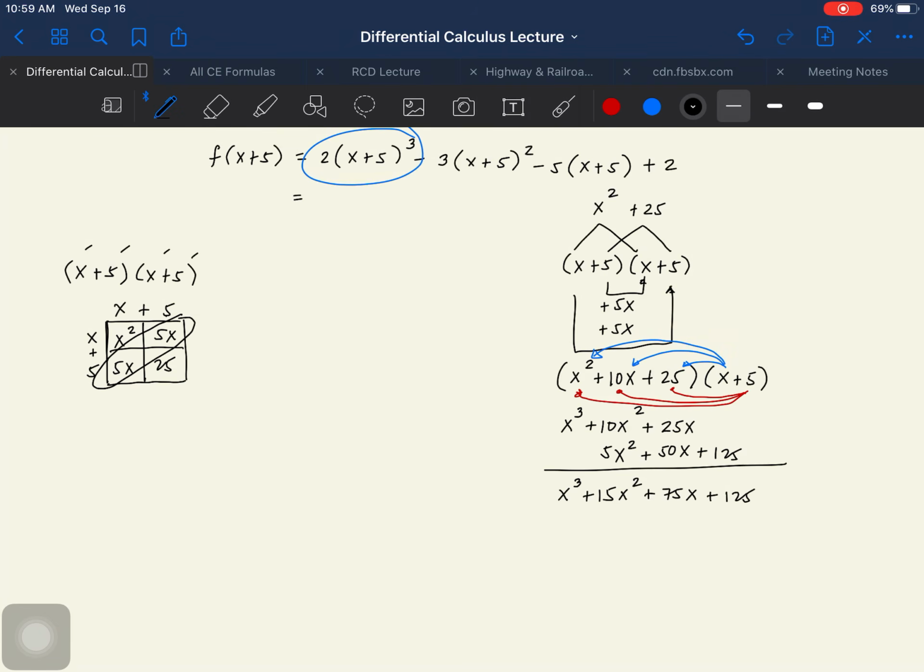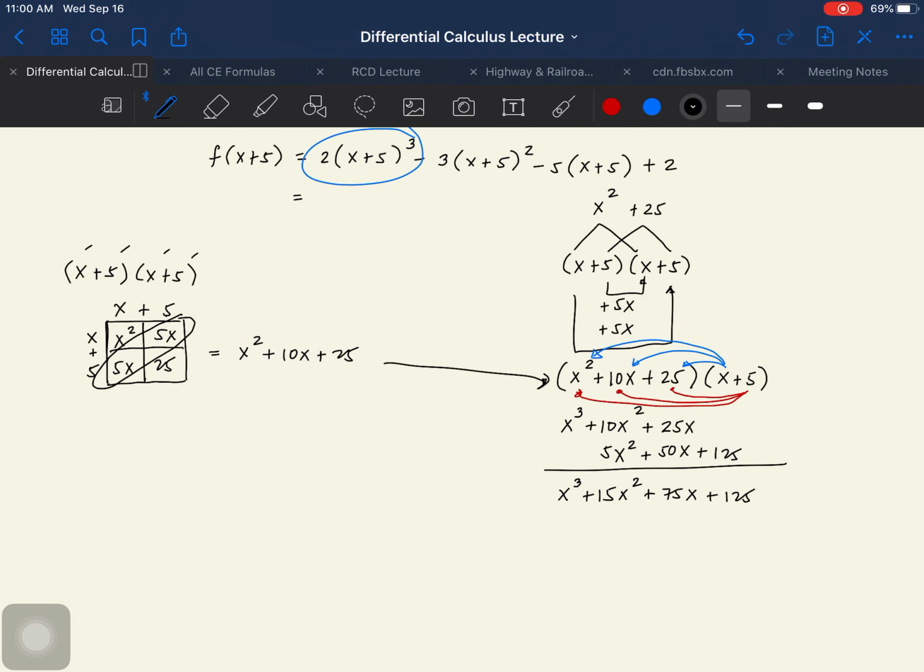So if we get the expanded form, this becomes x squared. So whatever is in the box actually is the answer. X squared plus 10x plus 25. So similar with that one.